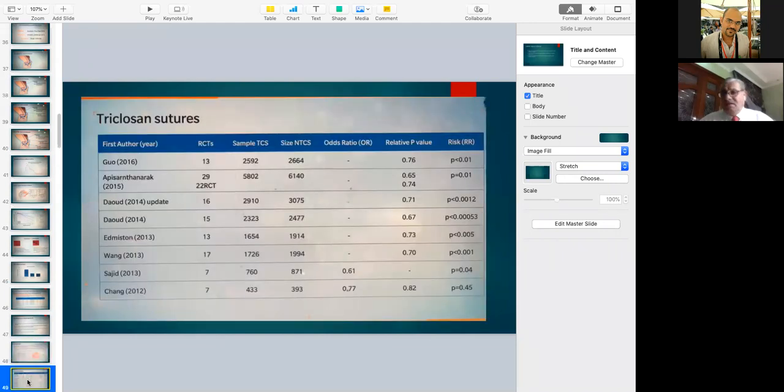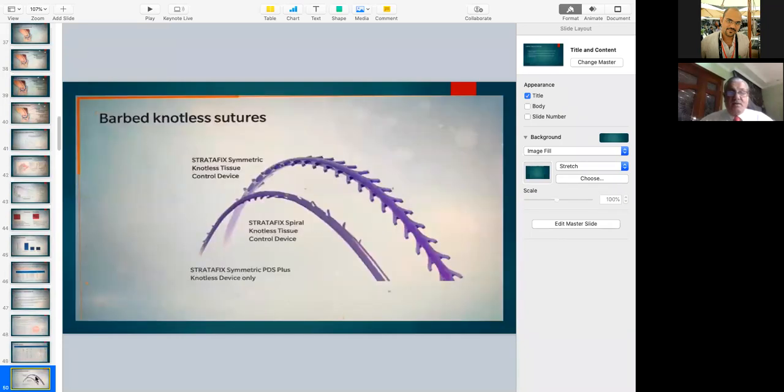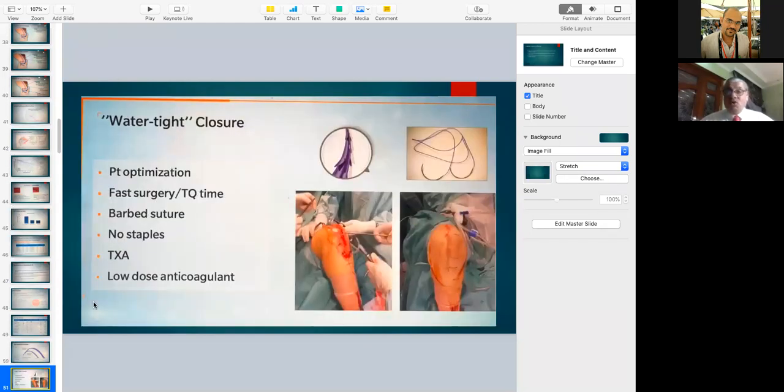And this is another study that found the use of suture coated with antimicrobial agent reduces the risk of PJI and SSI. The other material which is starting in the market now is called barbed knotless suture. It has some advantages: it gives a watertight closure because it optimizes the wound, there is no knot, and compared to suture or staple, it is fast surgery.